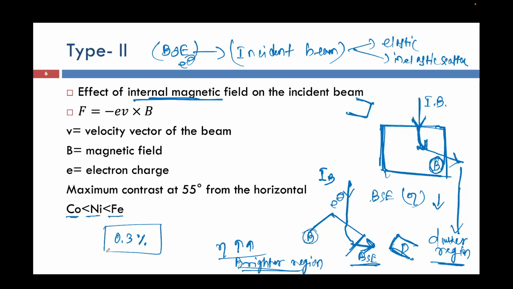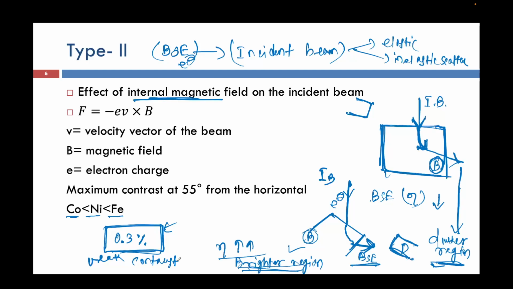So though I am saying that I will get a darker region and a brighter region in magnetic contrast, even in a strong magnet made of iron, a natural ferromagnet, the maximum contrast between the bright and dark regions is only 0.3%, which is very, very low. It is a weak contrast, you can say. So seeing this quantification, you can see this contrast.